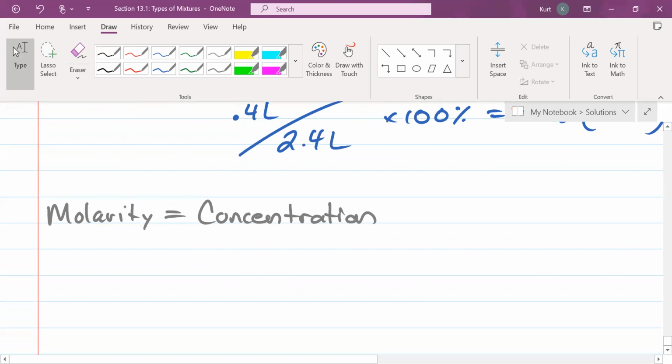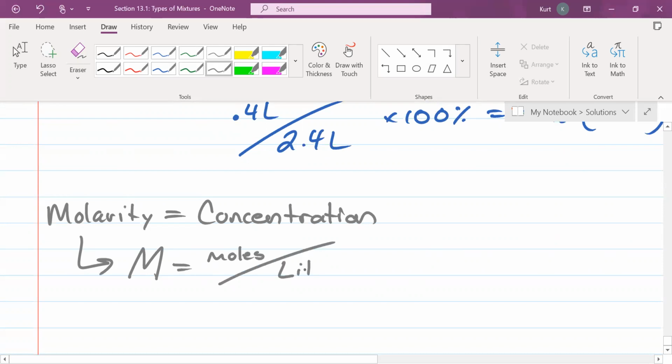The symbol for molarity is a capital M, and it is moles per liter. When you see that division line, that means per. Moles per liter, miles per hour, grams per liter.